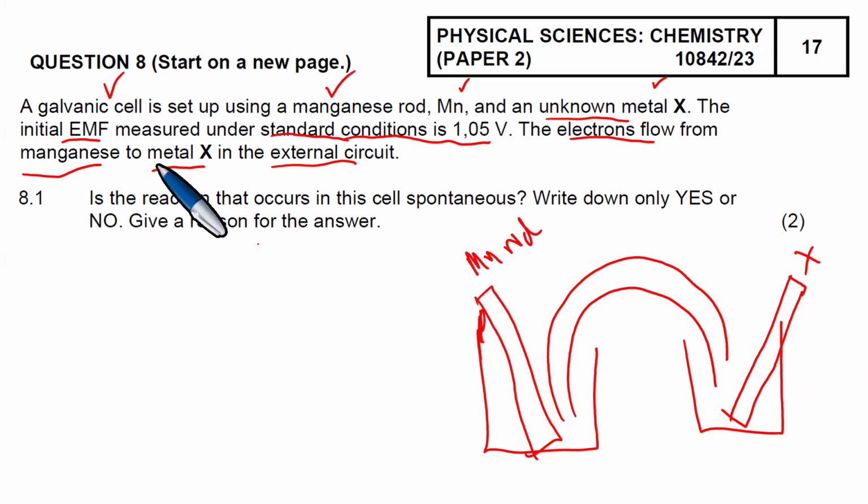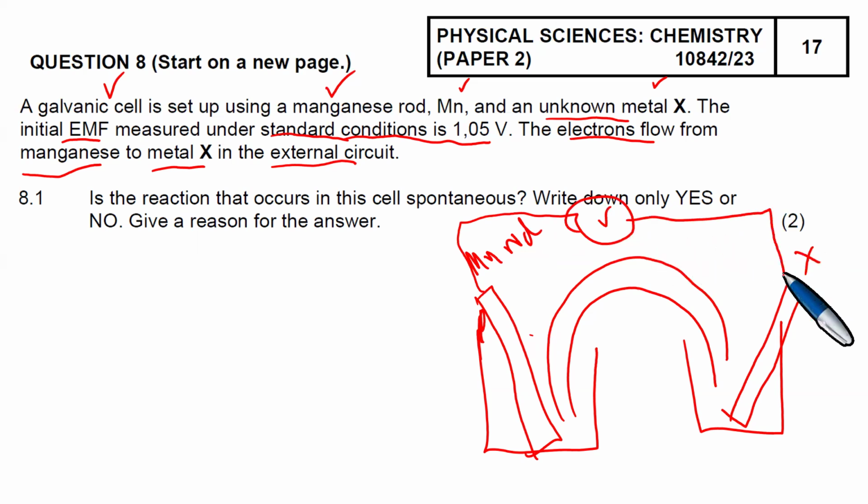The initial EMF, so obviously what we then do, we are able to determine the EMF here. So we can measure, you can put a voltmeter here. Put a voltmeter, then we're able to measure the EMF, the electromotive force, as determined by connecting the voltmeter to the two rods.